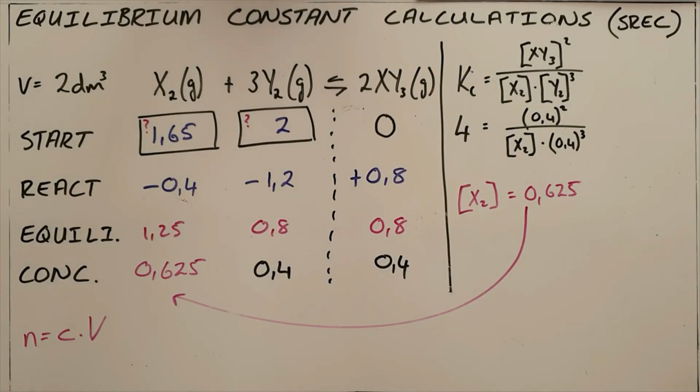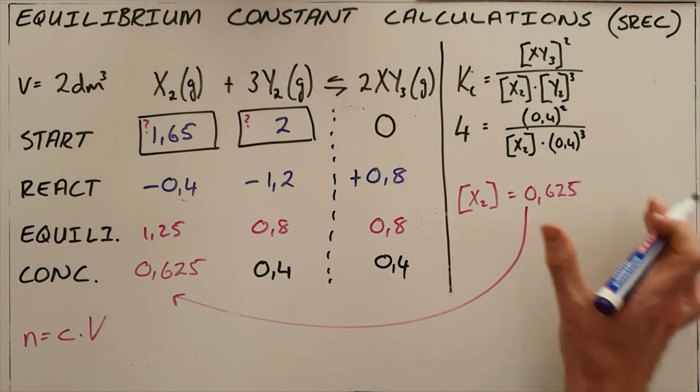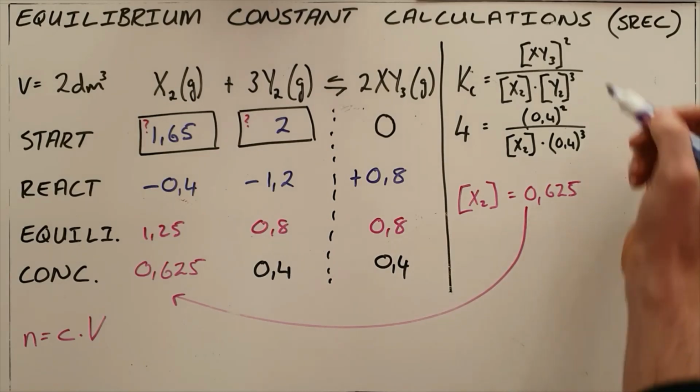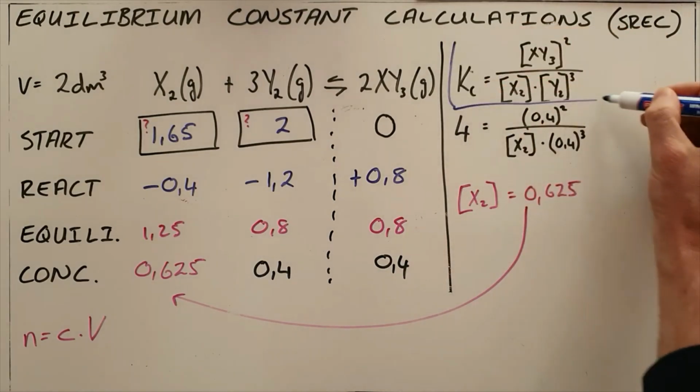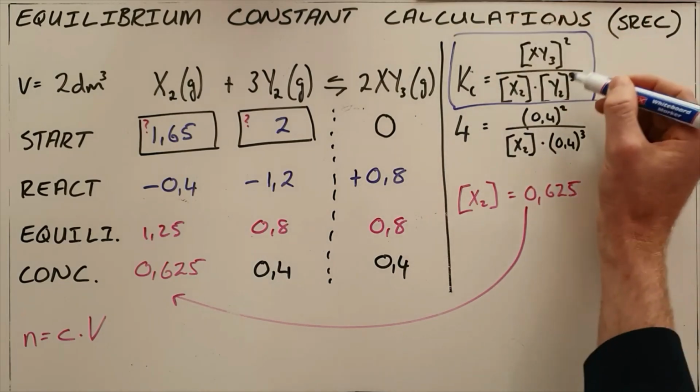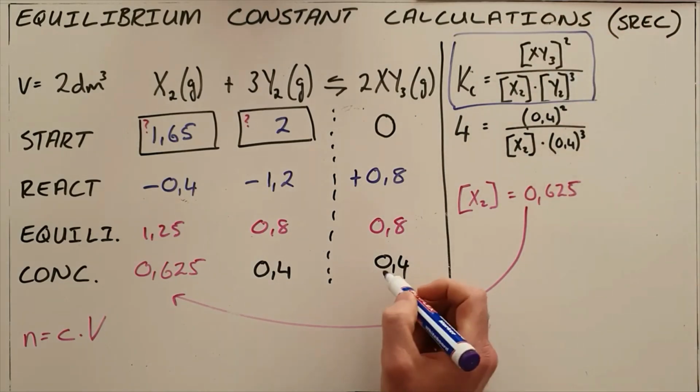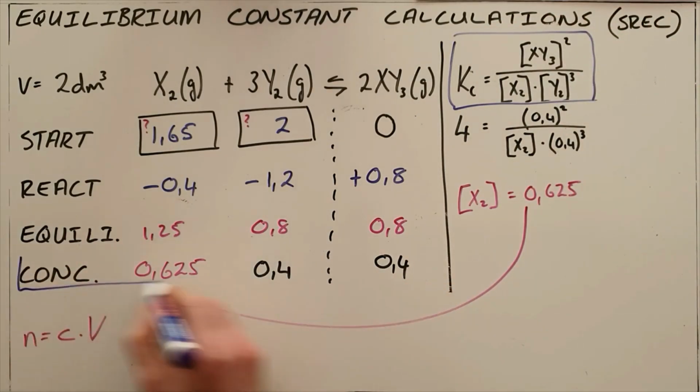I have put the entire question in the description for this video below, but essentially what we are now seeing is that we can use our equilibrium formula to find unknown concentrations that we can then substitute into our table.